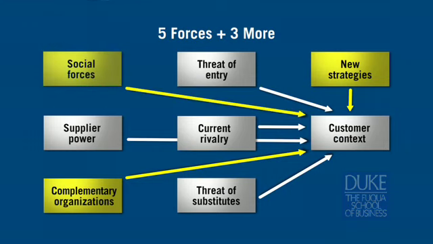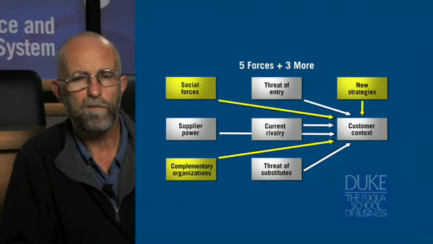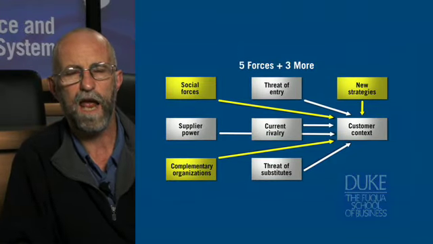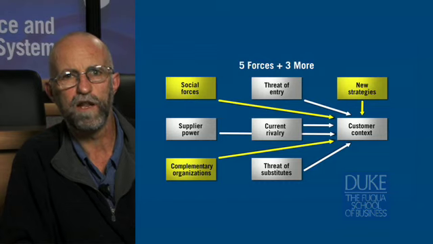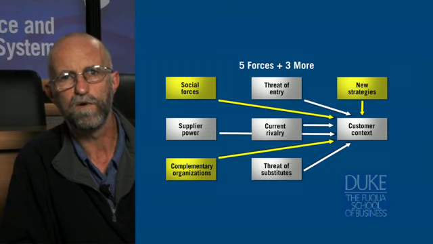Finally, it's critically important to look at social forces, to understand changes in laws, changes in regulations, and not just the formal laws and regulations, but understand changes in social norms that may influence your business. If you're in the pharmaceutical sector, understanding people's attitude towards pharmaceutical pricing and their belief in the value of pharmaceutical companies is centrally important to that industry.